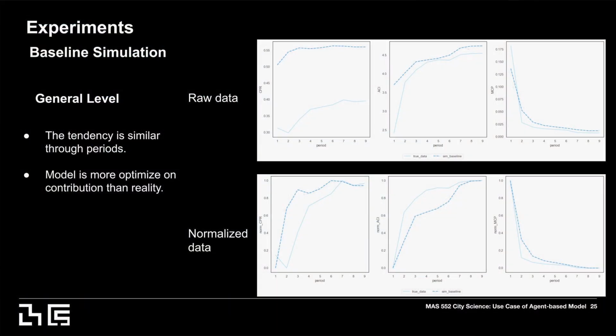In the raw data, the tendency is very similar through periods, but with the large model, I think because the companies are trying to avoid the negative aspects in the large model, the model is more optimized toward contribution than reality. So we use the normalized data to do further analysis.